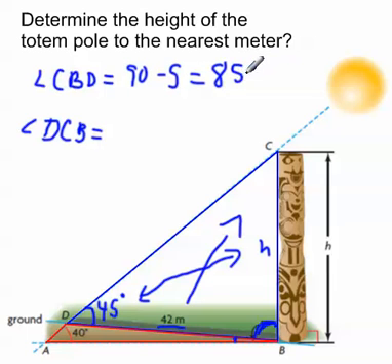So that would be 85 degrees. Then the angle at DCB, that's this one. We can find that because we know now that this one is 85, and we just subtract 45 and 85 from 180 to get 50 degrees.